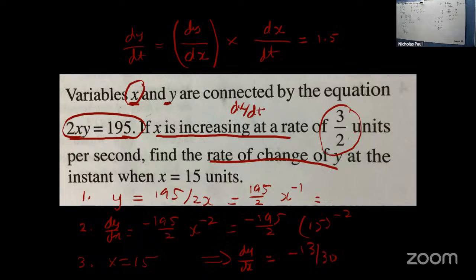Okay, and you're done. Your question is done once you figure that out. So dy dx is negative 13 on 30 multiplied by 3 on 2. So I got minus 13 on 20.